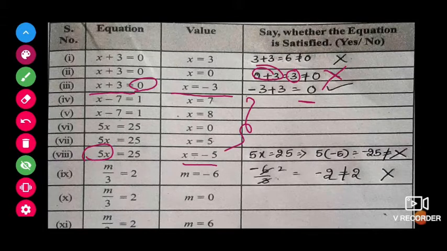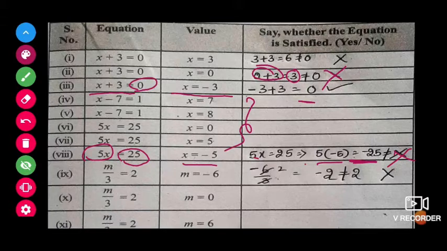If I substitute minus 5 in the place of x, we will get 5 5s are 25, so minus 25. Now right hand side what is there, plus 25. Are both equal, minus and plus? No. So it is not getting satisfied.